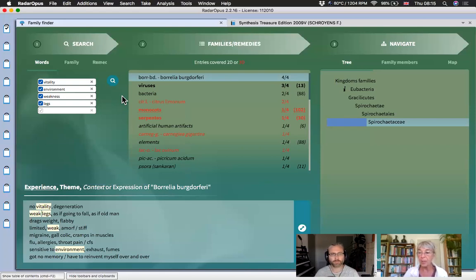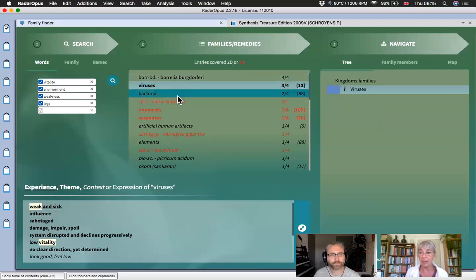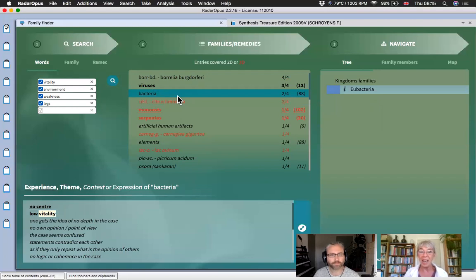The first 3 things that the family finder will give you are 2D solutions. 2 of them are families, like the family of the viruses and the family of the bacteria. So you think, aha, that's an interesting thing to consider. And the first is Borrelia, which is a bacterium.